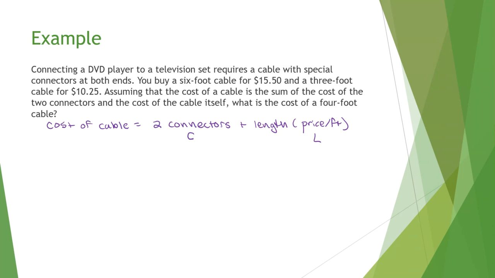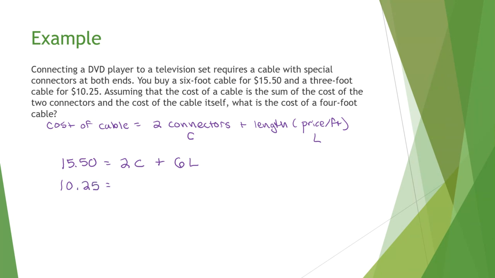So we have a 6-foot cable. So the cost of the 6-foot cable is $15.50. And that is made up of 2 connectors. So all of these are made up of 2 connectors. And then we have 6 feet times how much it costs for basically 1 foot of cable. Then we have a 3-foot cable.